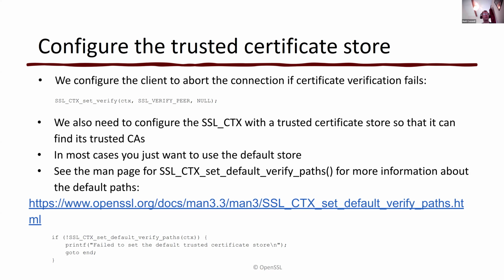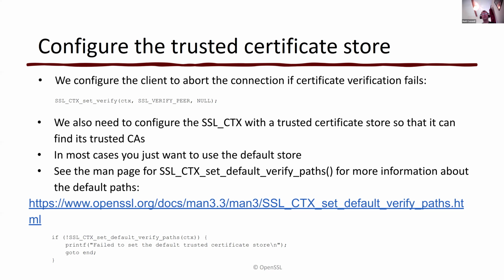So to do that, we call this function SSL_CTX_set_verify. We pass in the SSL context object that we created earlier. We pass in this argument SSL_VERIFY_PEER, which just says to OpenSSL, verify the certificate and abort the handshake if the verification fails. And we just pass null for the third argument. We're not interested in that for the purposes of this presentation.